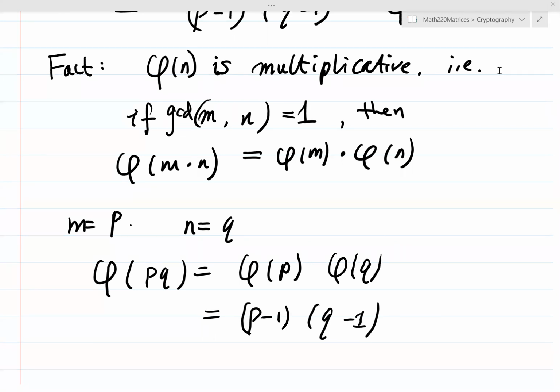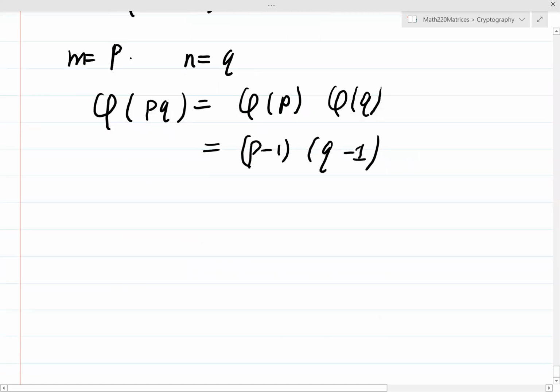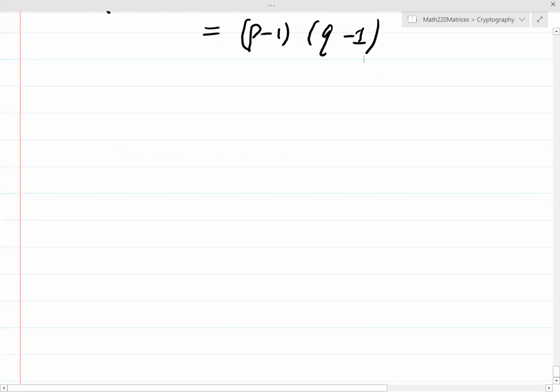So the idea of RSA is the following. If we have two primes, it is very easy to multiply them. This is a baby idea of RSA.